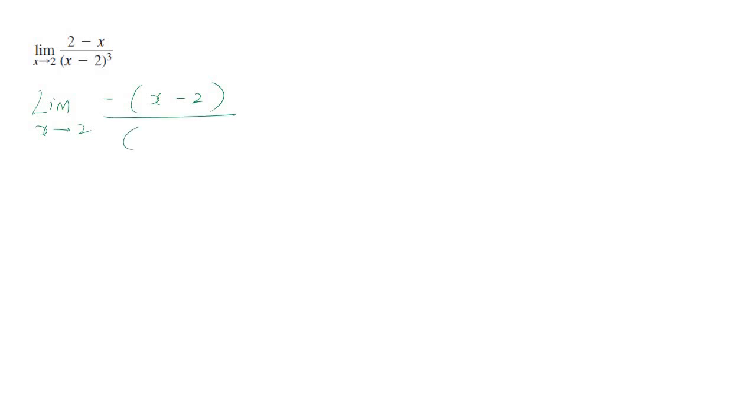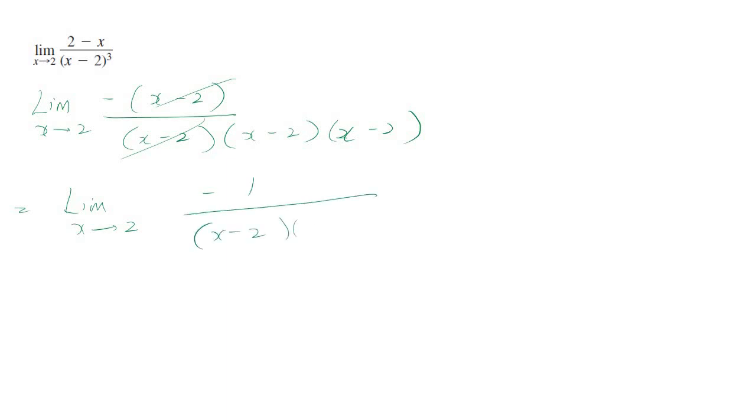So it can be written as x minus 2, x minus 2 and x minus 2. We can cross off one term, but still we are left with 2 terms. So after crossing off some of the terms, we have minus 1 over x minus 2. So we see that as x tends to 2, the function is not defined.